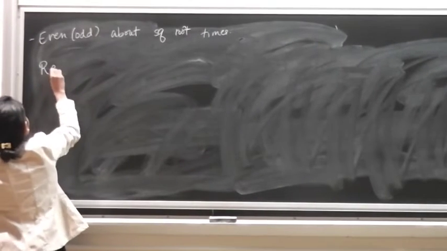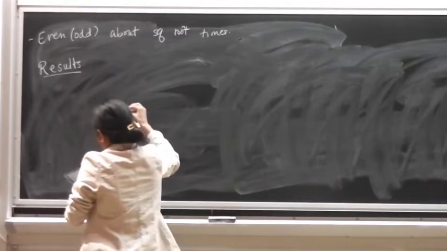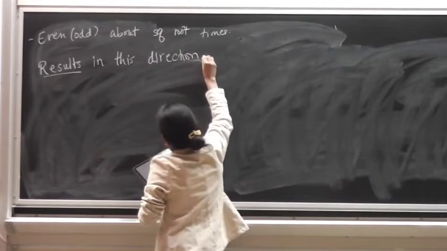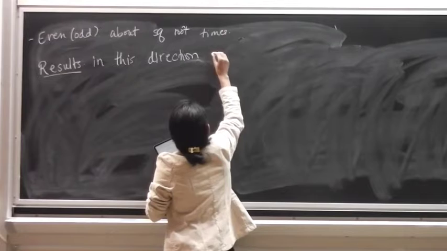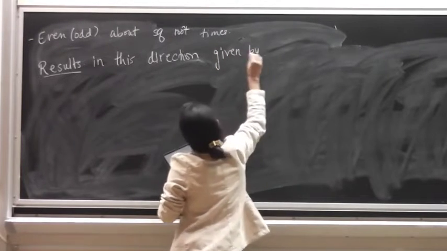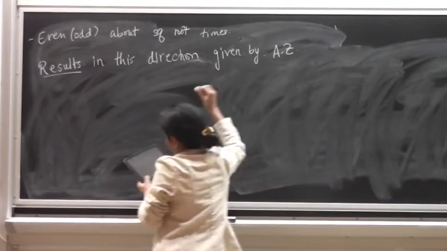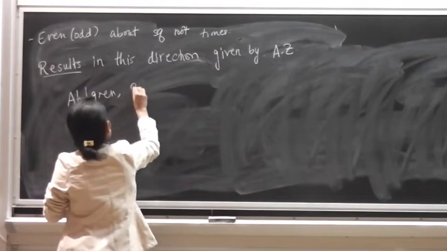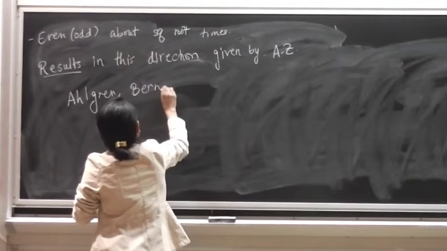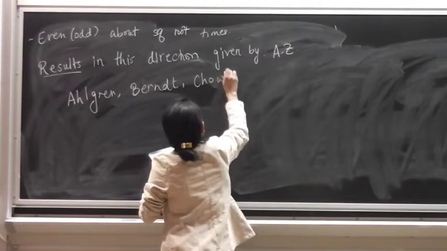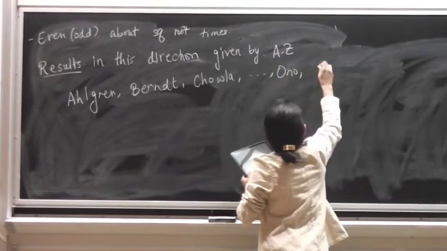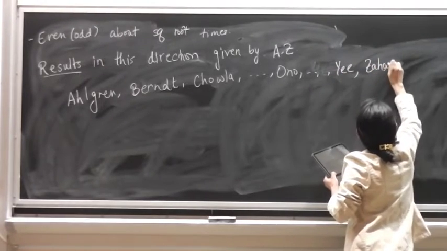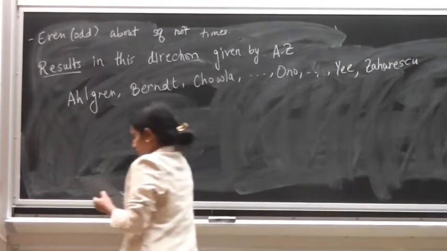Okay, and instead of writing all these results, I'll just say that results in this direction have been given by many mathematicians from A to Z: Alder, Roosevelt, Chawla, then we have Bono, lastly we have Ada, and the rest, to name a few.